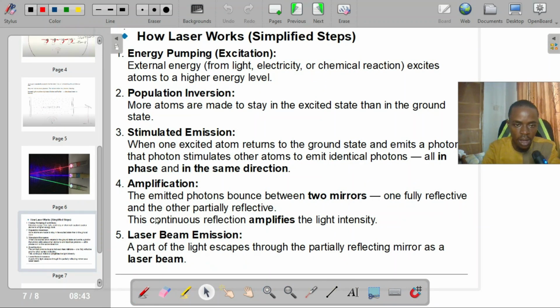Then this continuous reflection amplifies the light intensity, so it enlarges it and produces that light. Then the laser beam emission: a part of the light escapes through the partial reflecting mirror as a laser beam.